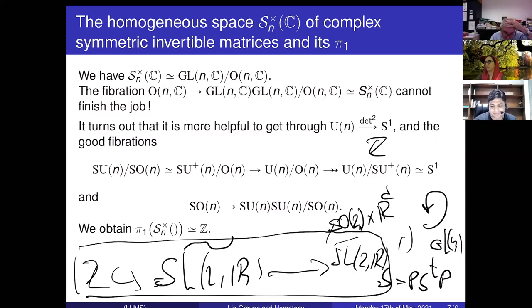And this group cannot be realized as a matrix subgroup. There is no realization of it as a linear group. It cannot be put inside GLNR. You cannot realize it as a classical linear group. The universal cover of SL2R is not a linear group.